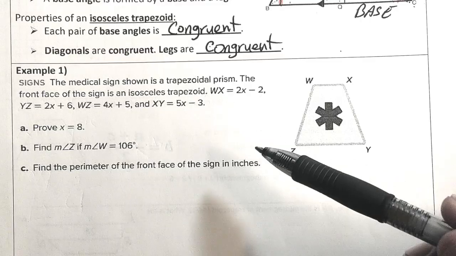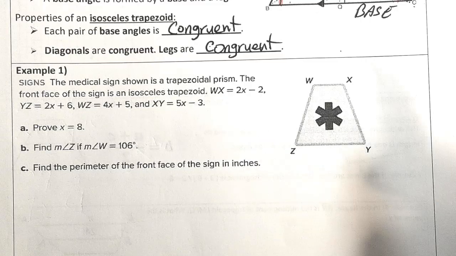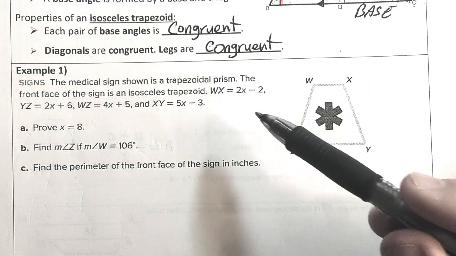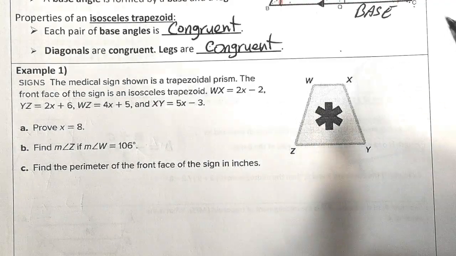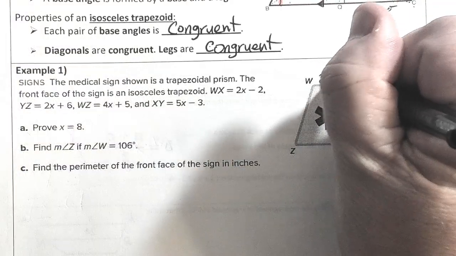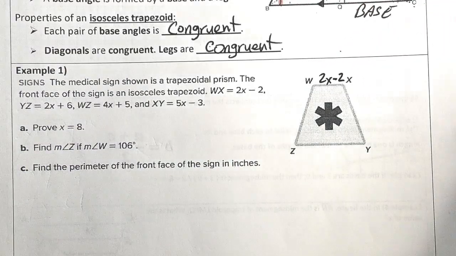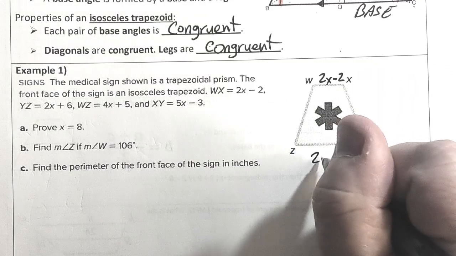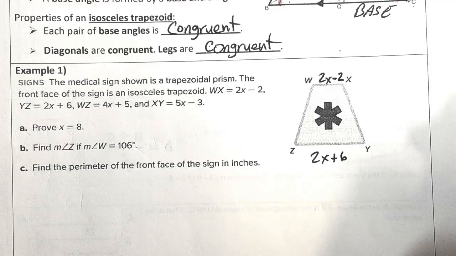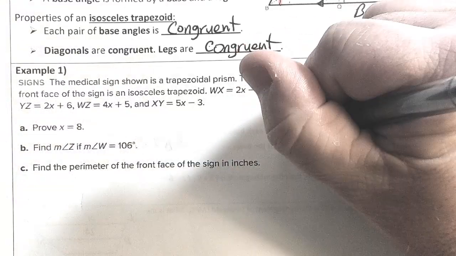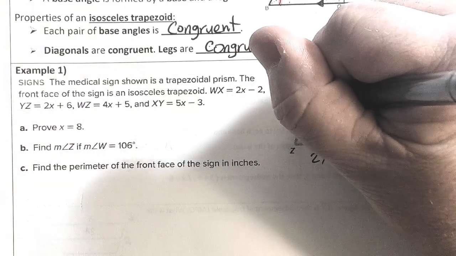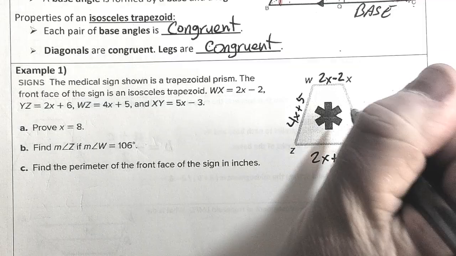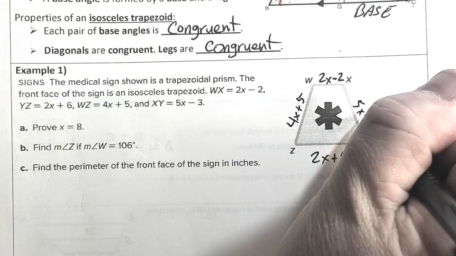The front face of the sign is an isosceles trapezoid. WX, this one up here, is 2x minus 2. YZ is 2x plus 6. WZ is 4x plus 5, and YZ is 5x minus 3.